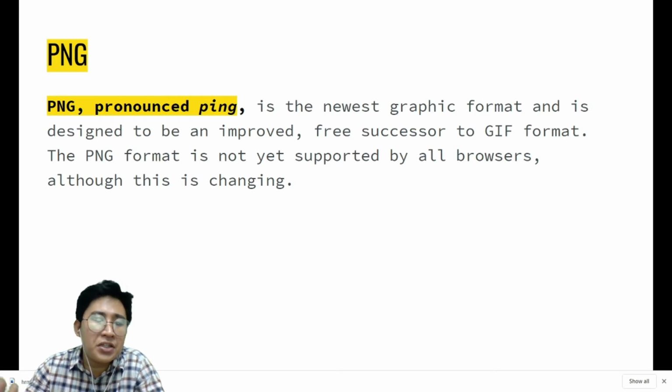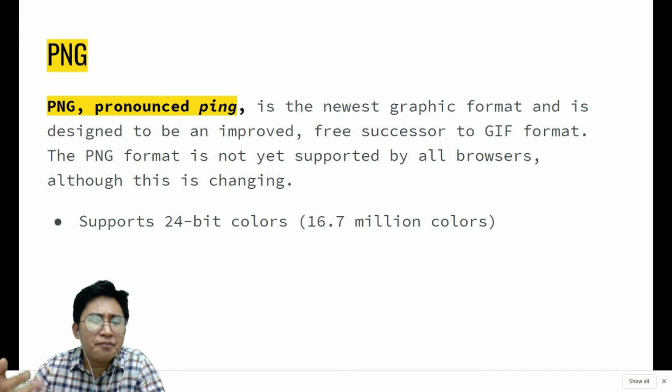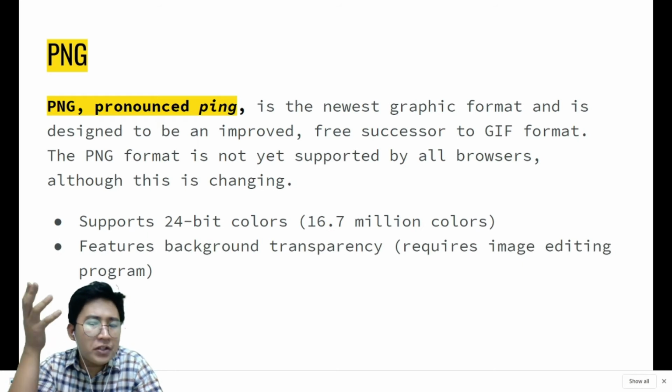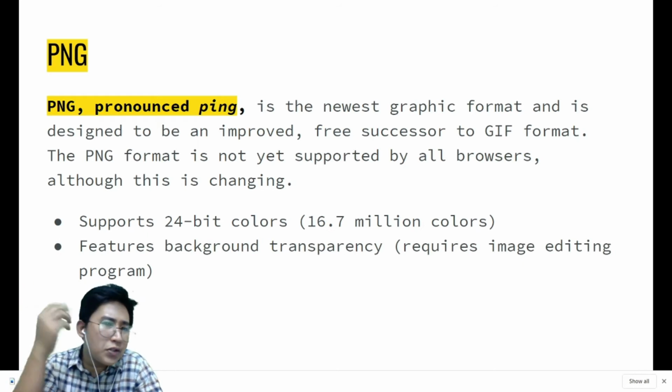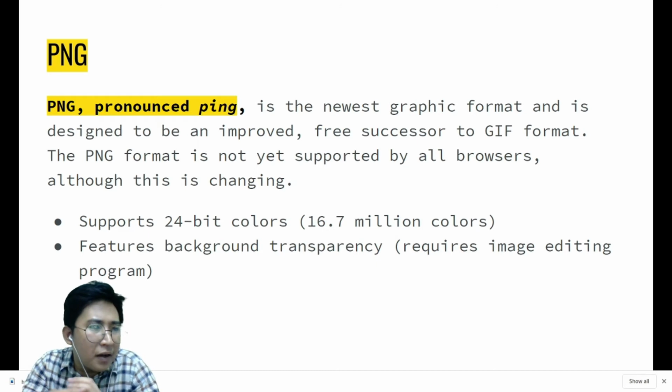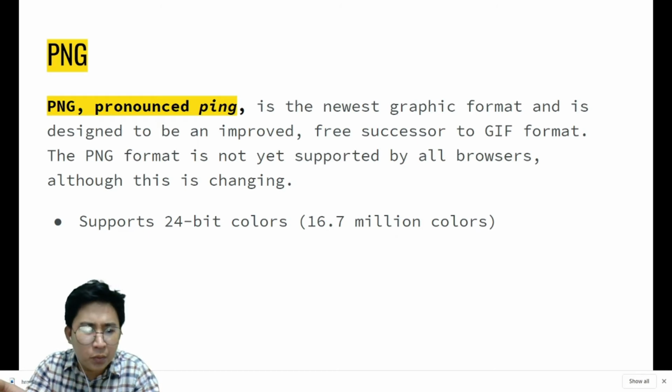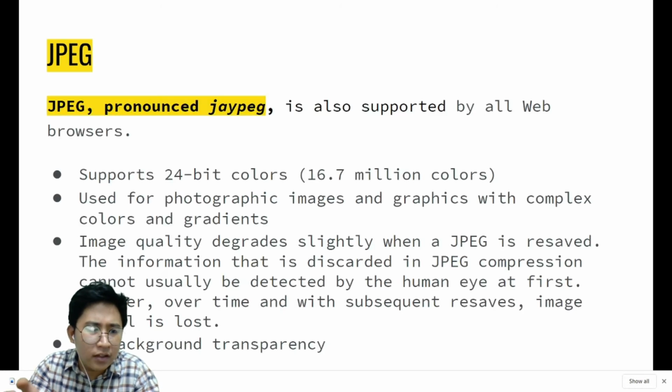It's the same with JPEG, it supports 24-bit colors, and it features background transparency. So you can use PNG if you want to have a transparent background on your image. That's the difference between PNG and JPEG.